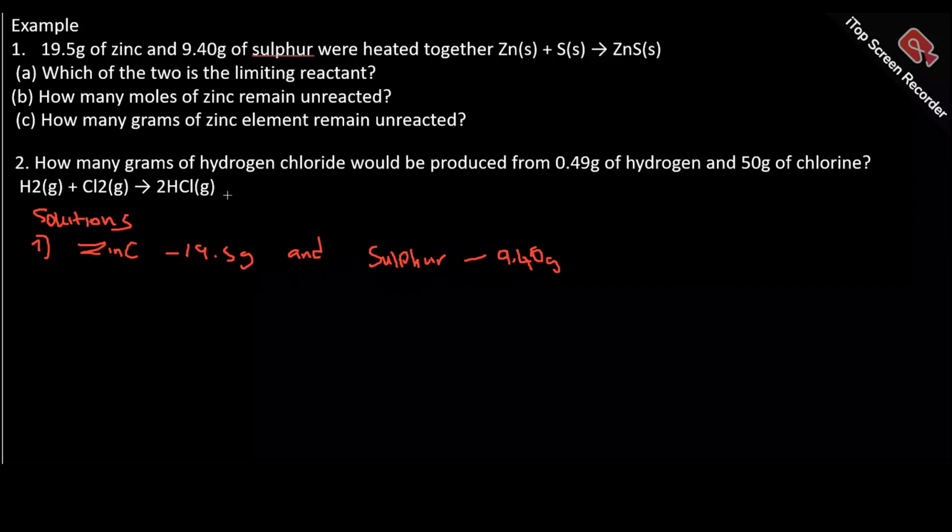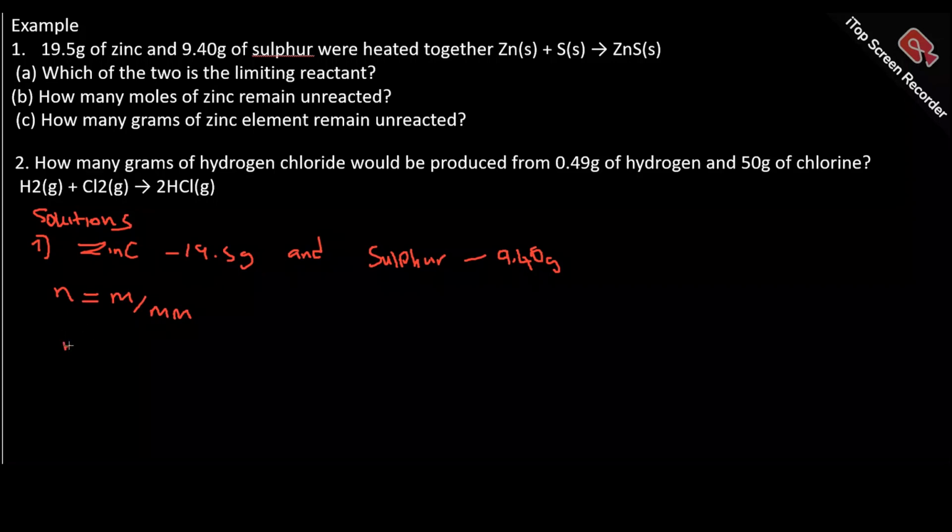Okay, now what are we supposed to do here? You don't compare the grams, you compare the mole ratio. For you to compare the mole ratio, you're supposed to find the number of moles. Using the formula we talked about, number of moles is given by mass over molar mass. So I'm going to find the molar mass of zinc. Let's just check on your periodic table, it's already there.